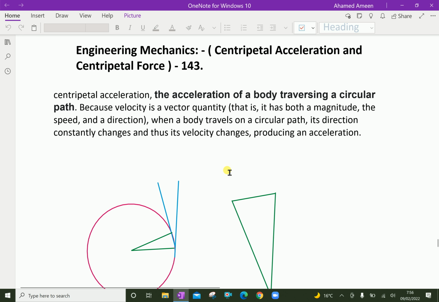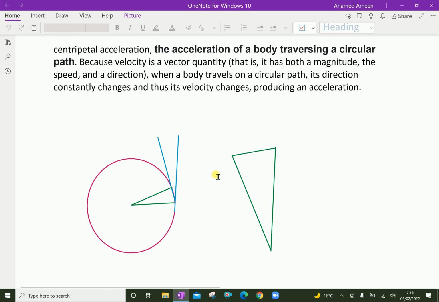Now look at this figure. A body moving along a circular path with a constant speed suffers a continuous change in its direction at every point of its motion. Though the magnitude of its speed remains the same, its direction changes, so it is considered a vector quantity.